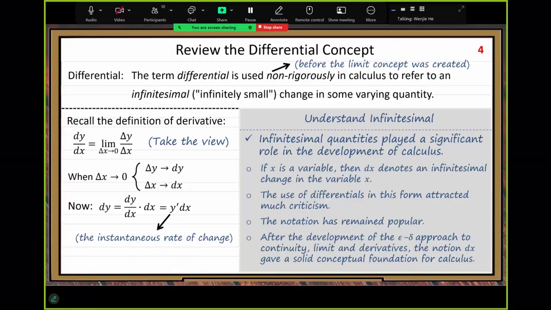It's an instantaneous rate of change, y prime at the current instant t, or current instant x here. We use variable x, not t. So it's an instantaneous rate of change.